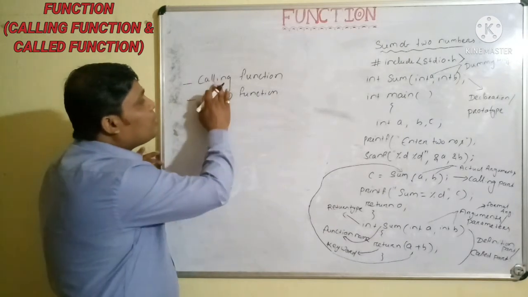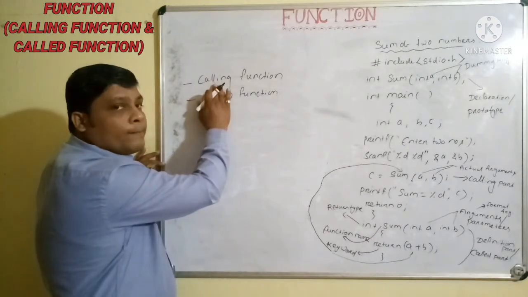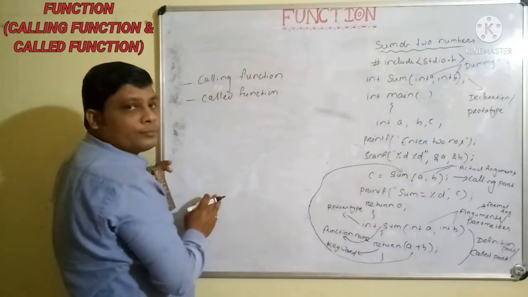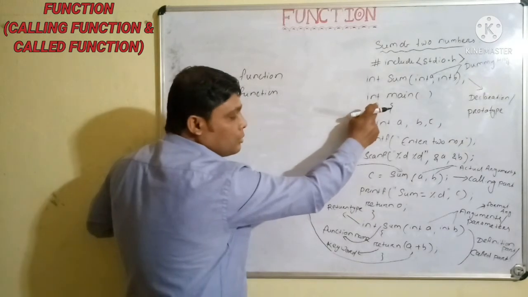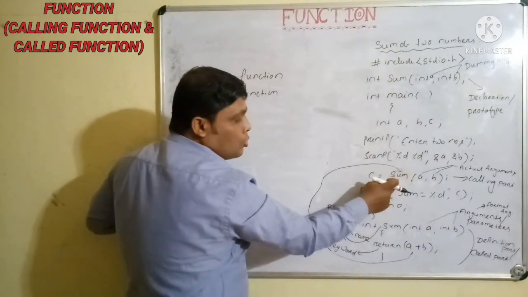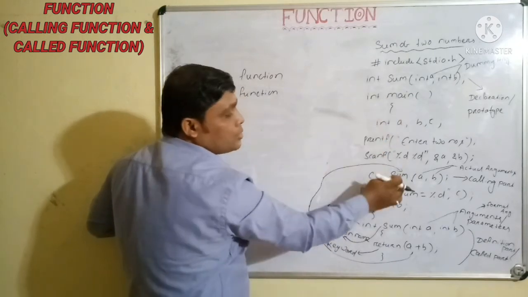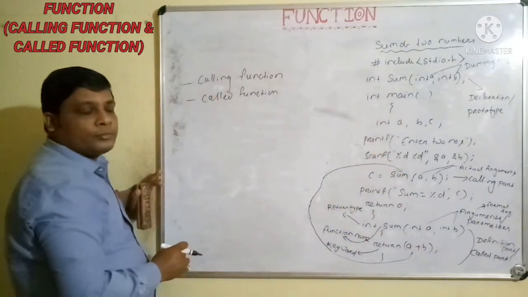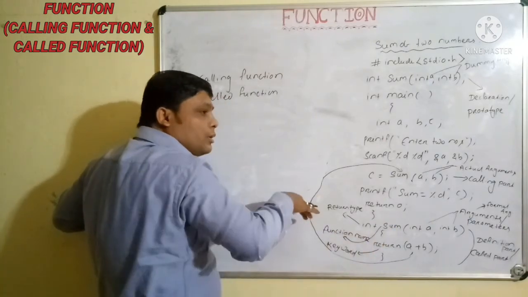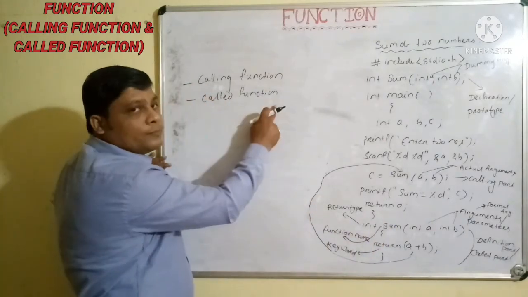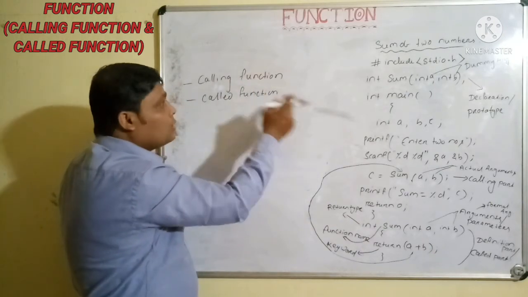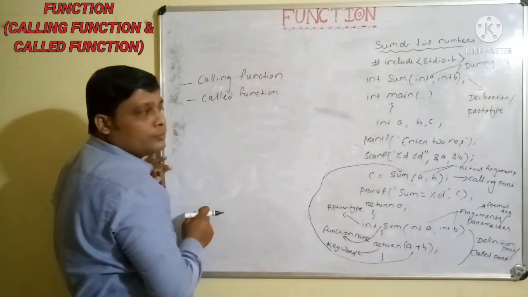Clear? What is a calling function? The function which calls another function. This main function called what? This sum function. So main is the calling function for this sum function, and sum is the called function. The function which is called is the called function. The function which calls one function is called the calling function.